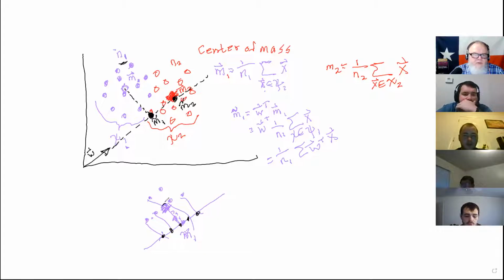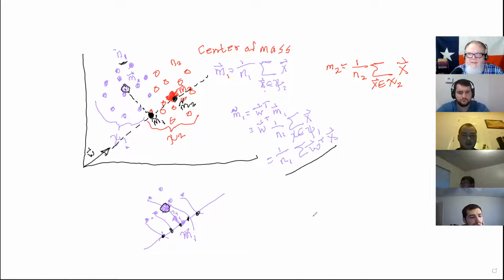So the projection of this mean, and here's the mean up here, the projection of that mean is exactly the same as if we projected all of the individual points and then took the mean of all of those projections. And that's what this is saying.